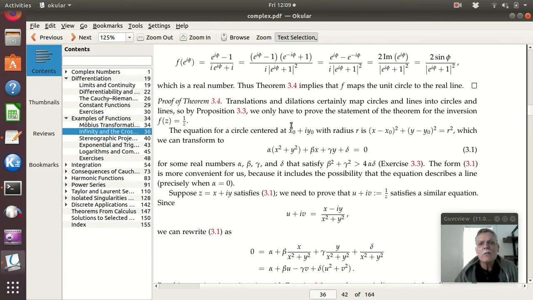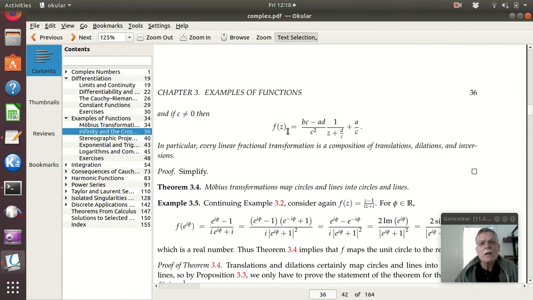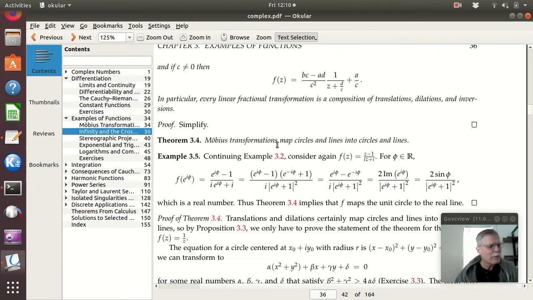But now, really, if you look at the proof of theorem 3.4 and go back here to the theorem 3.4, this is, I think, really how to go. So we have our map here.